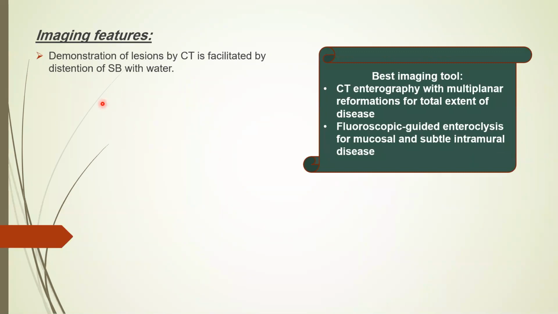The best imaging tool is CT enterography with multiplanar reformation, as with any other small bowel tumors. Fluoroscopic guided enteroclysis may be beneficial and useful in the demonstration of the mucosal and the subtle intramural disease.